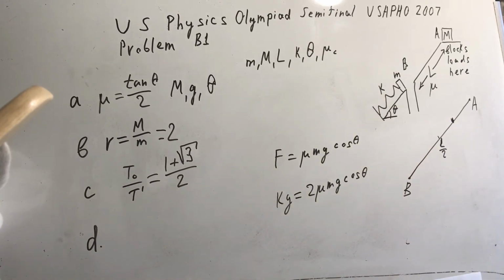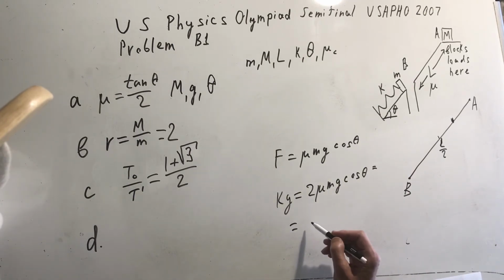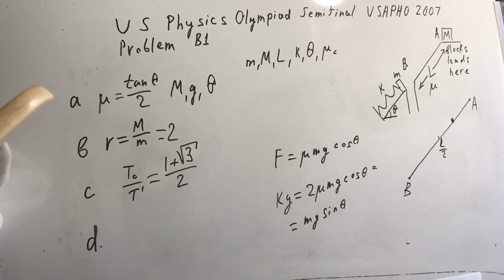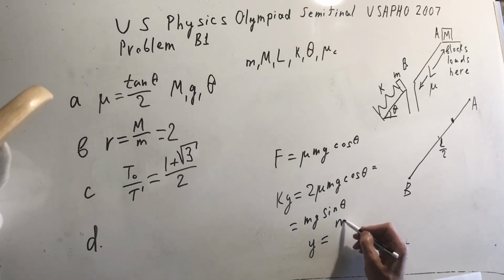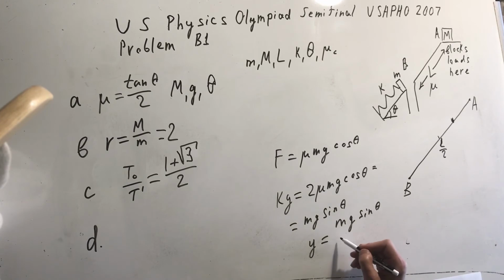And because mu equals tangent theta over 2, that will be exactly mg sine theta. So this is how to find the shift for the second equilibrium for motion down. That will be mg sine theta over k.